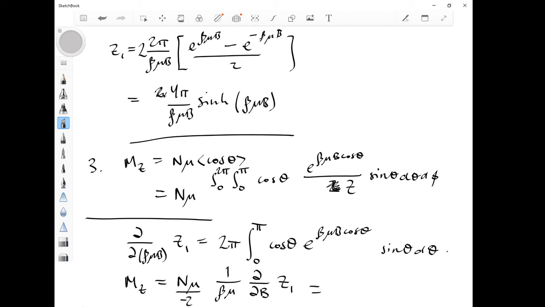And so what we end up with after cancelling is n 1 on beta, 1 on z1 dz1 by db, which is equal to n on beta d by db of log z1. So that's our final result, written very poorly in the corner.